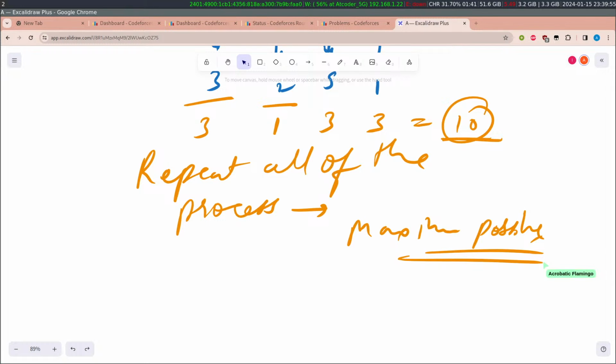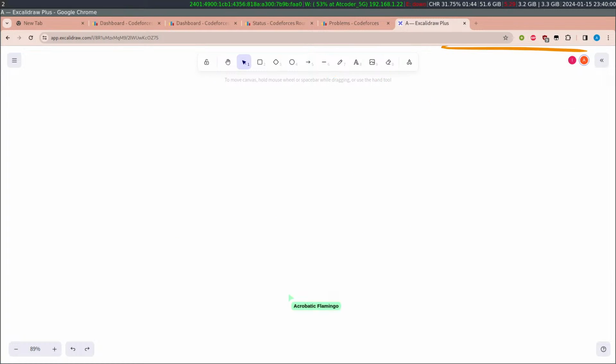So the idea I had over here was, let's say our final chosen array is C. Let's not care about the order to begin with. Then there can be two cases.